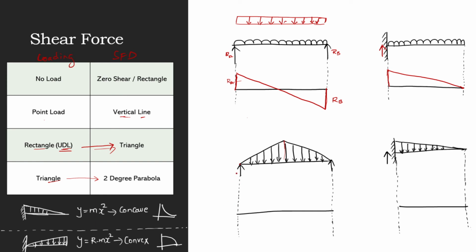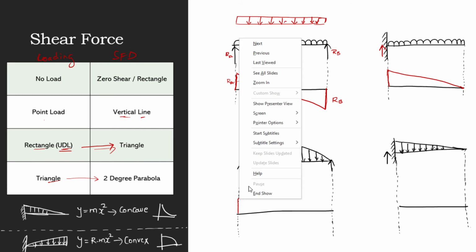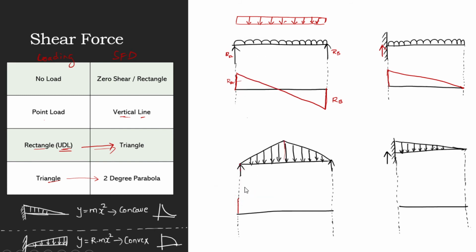So again, there is a point load first of all at this point. So for this point load, you go up with a vertical line. Next, for a triangle, this is a falling parabola, since the loads are falling.